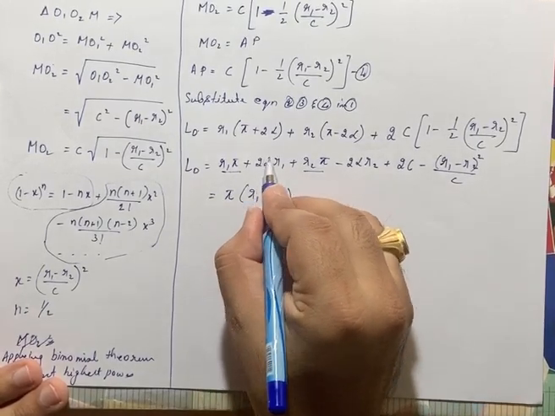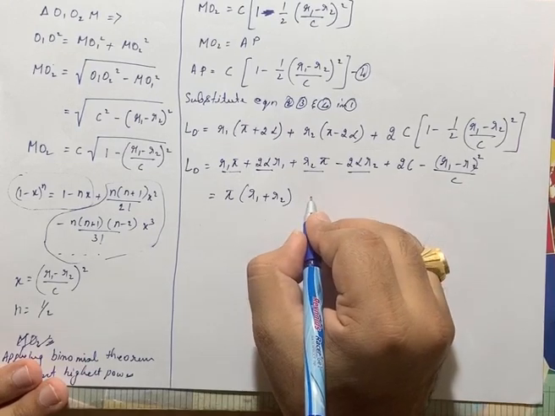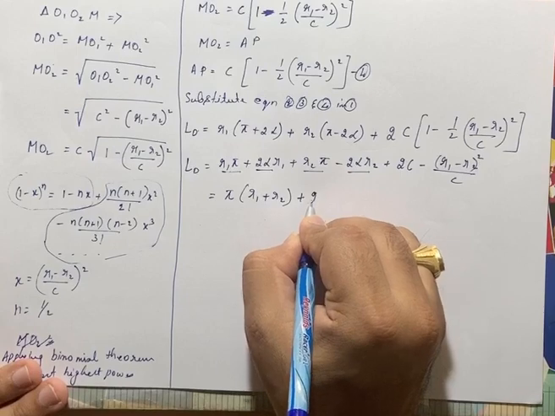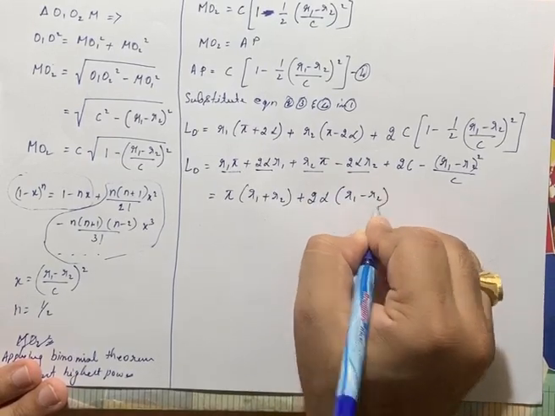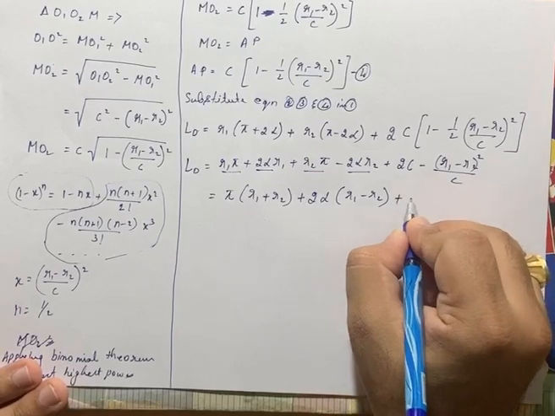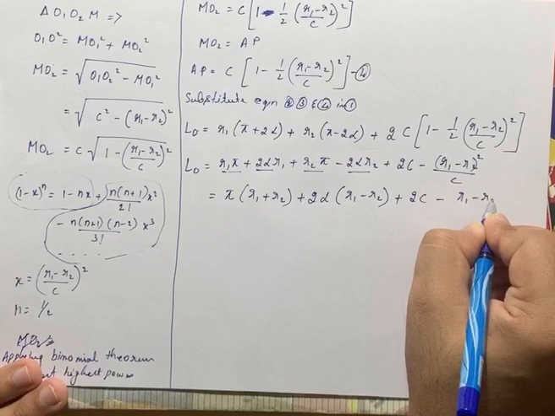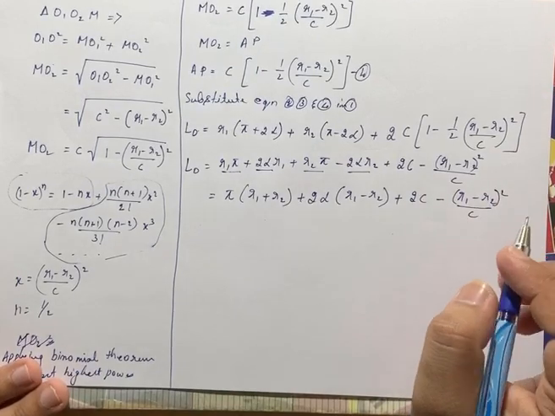Then with 2 alpha R1 and 2 alpha R2, I will take out 2 alpha common, plus 2 alpha into (R1 minus R2), then the remaining I will write as it is: 2C minus (R1 minus R2) square divided by C, right?